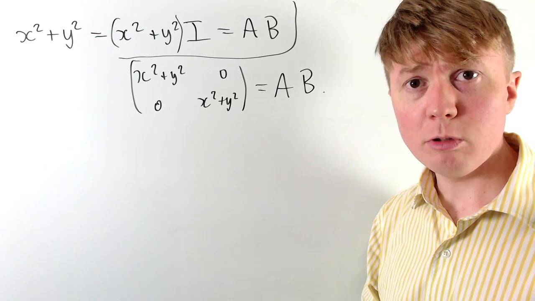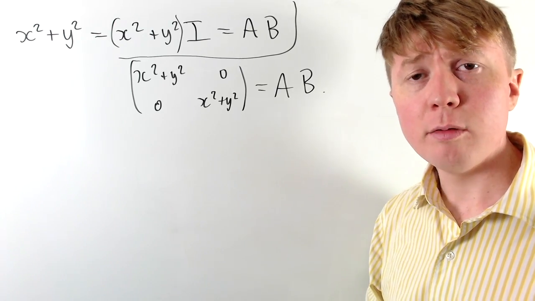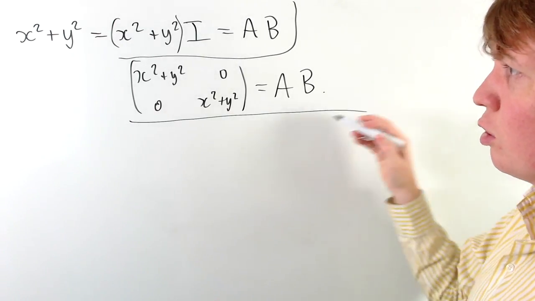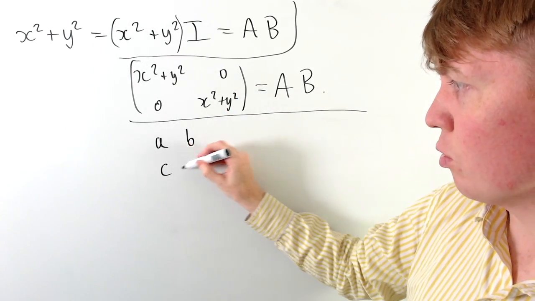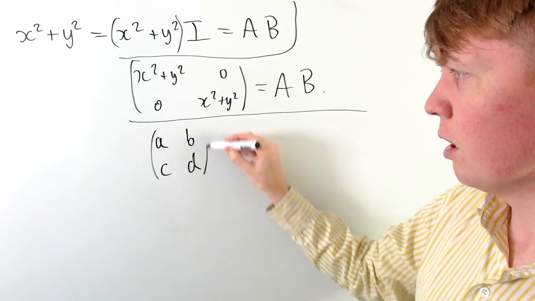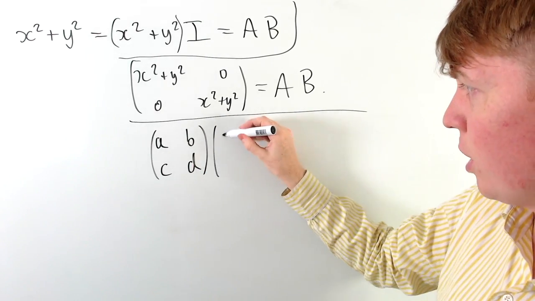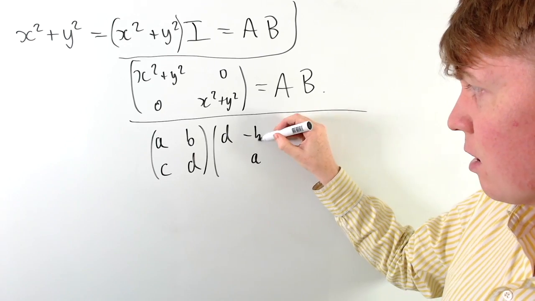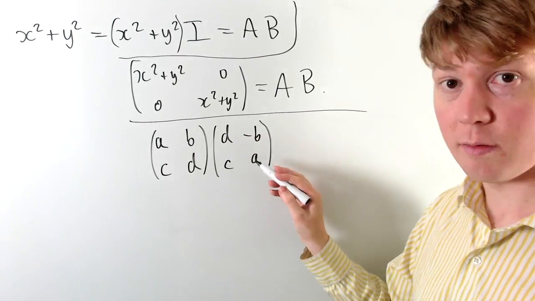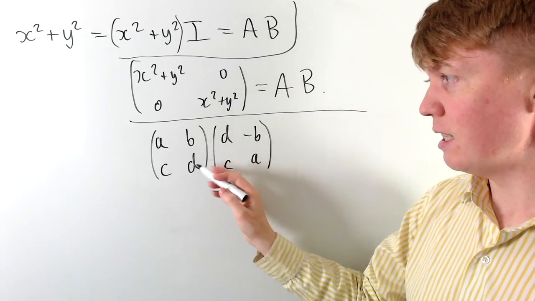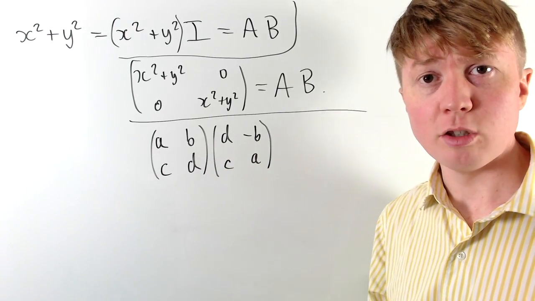Now if you're familiar with finding the inverse matrix for a 2 by 2 matrix, you may recognise this structure. Let's imagine we've got a 2 by 2 matrix A, B, C, D, and we start inverting this. We swap our A and D, we take the negative of our B and C, then to find the inverse, we would just divide all of these by the determinant AD minus BC of the original matrix.